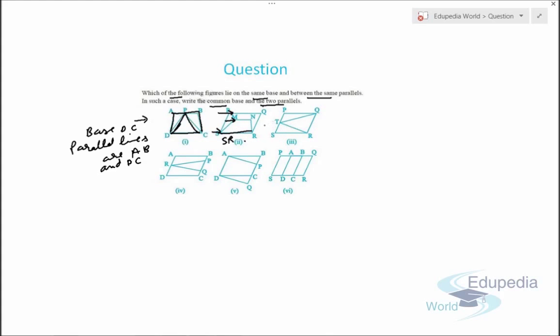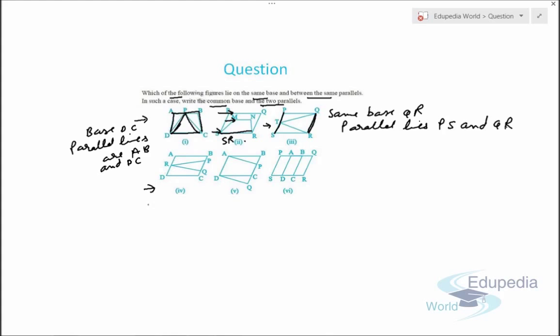Now, if you look at this figure, they have the same base QR and they are between the same parallel lines PS and QR. Now, if you look at this figure, it's a very interesting figure.